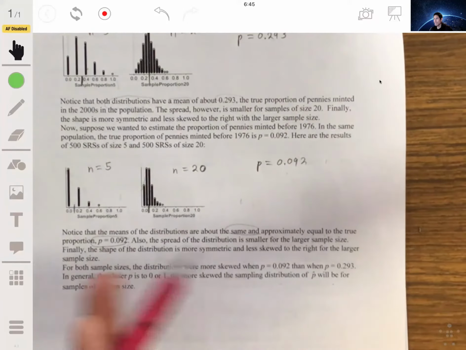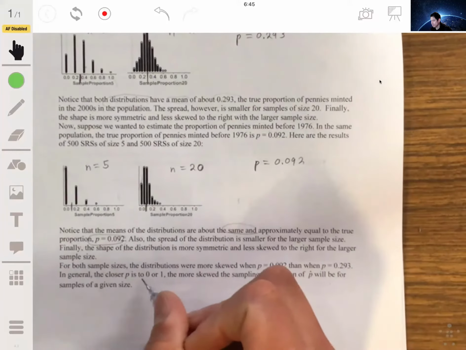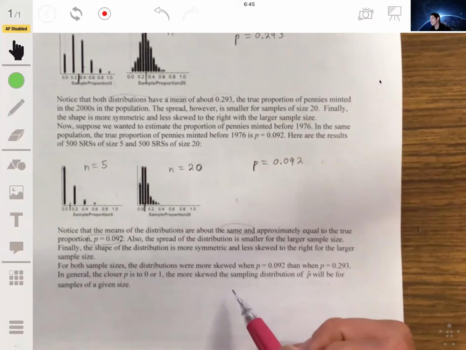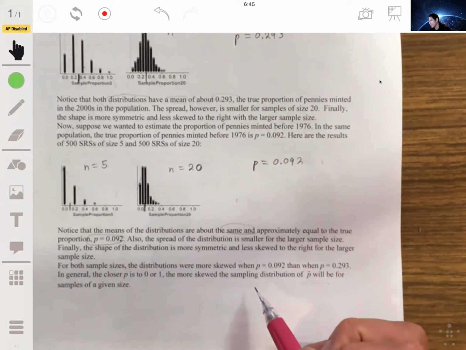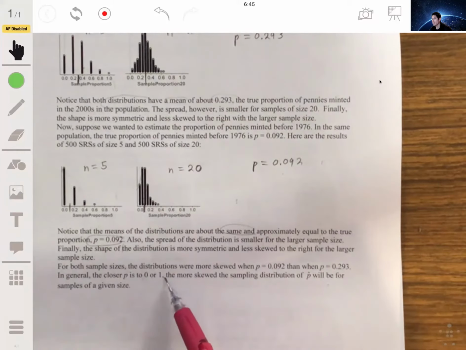we need to basically recognize that the shape of the sampling distribution is going to be affected by the sample size and by the population proportion. When the population proportion is closer to 0 or 1, the sampling distribution of p hat is more likely to be skewed, depending on if it's very small or very large.